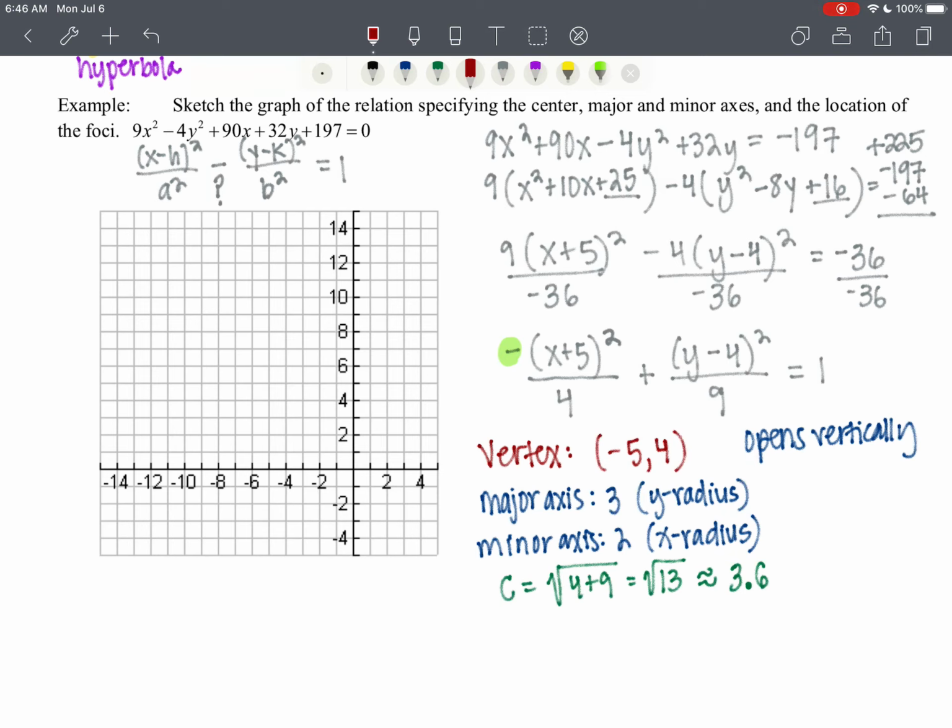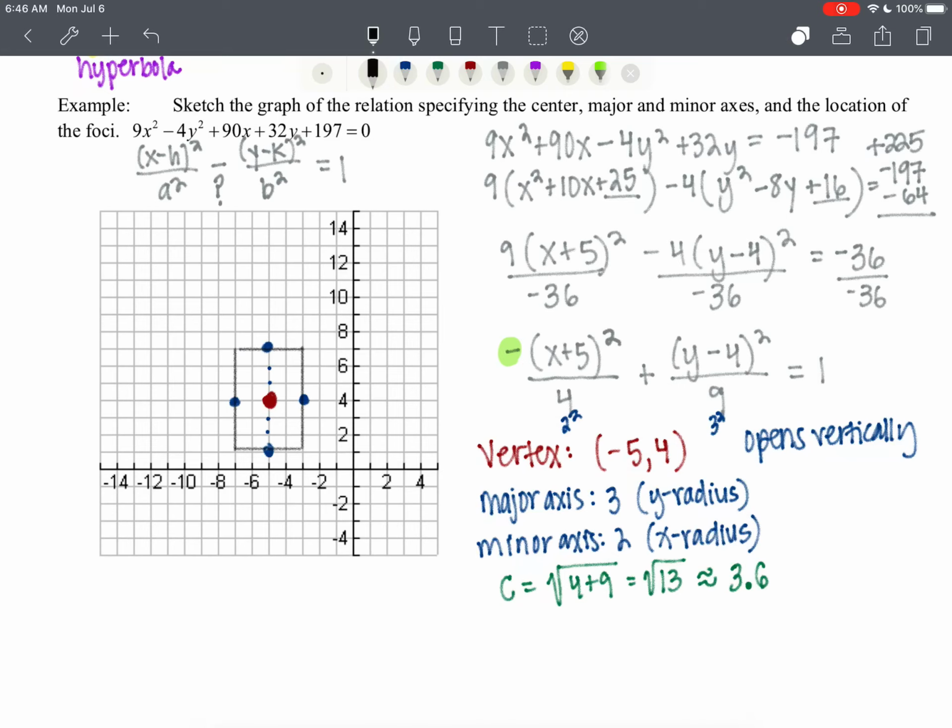So let's start plotting this. Left 5, up 4. So there's our center. We've got an x radius of 2, right 2, left 2, a y radius of 3. And you can see where we're getting this, 2 squared, 3 squared. I'm going to draw my rectangle using a straight edge. Need to make sure we use that straight edge.